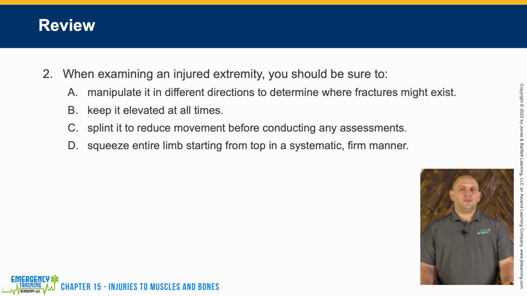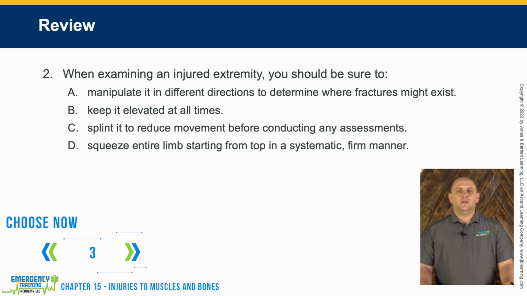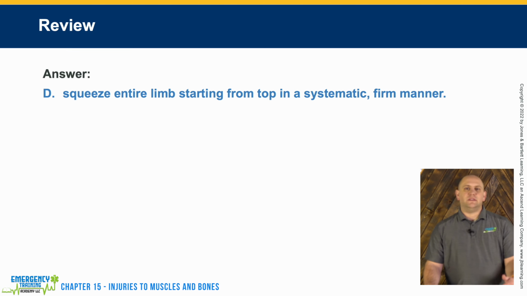C, splint it to reduce movement before continuing the assessment. Or D, squeeze the entire limb starting from the top in a systematic, firm manner. And the answer for this one is D, squeeze the entire limb starting from the top in a systematic, firm manner.